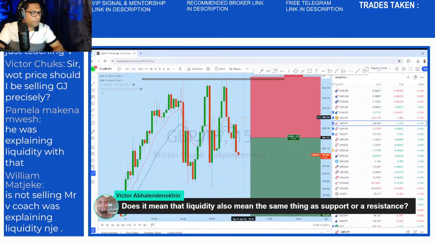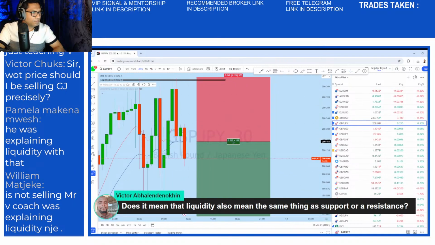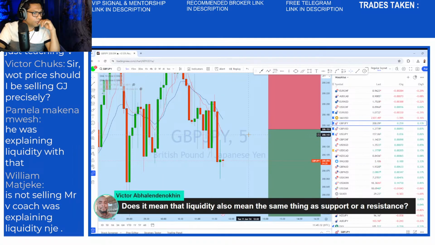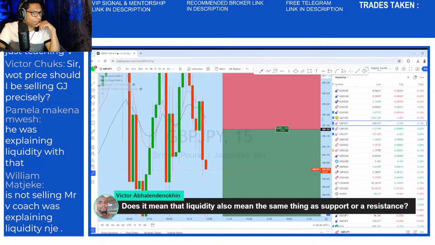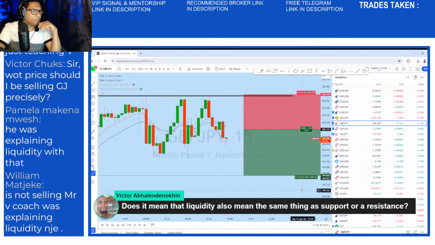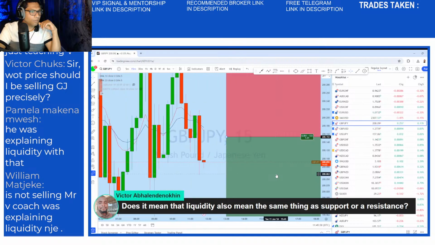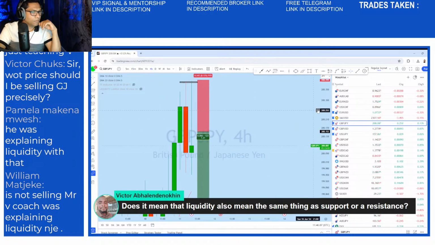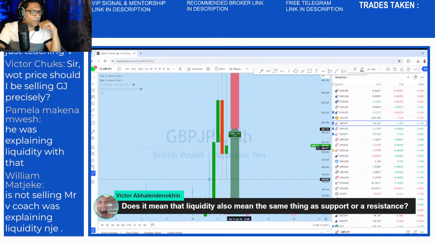So there's a 15 minutes bearish candle. Price is coming to the intraday support.